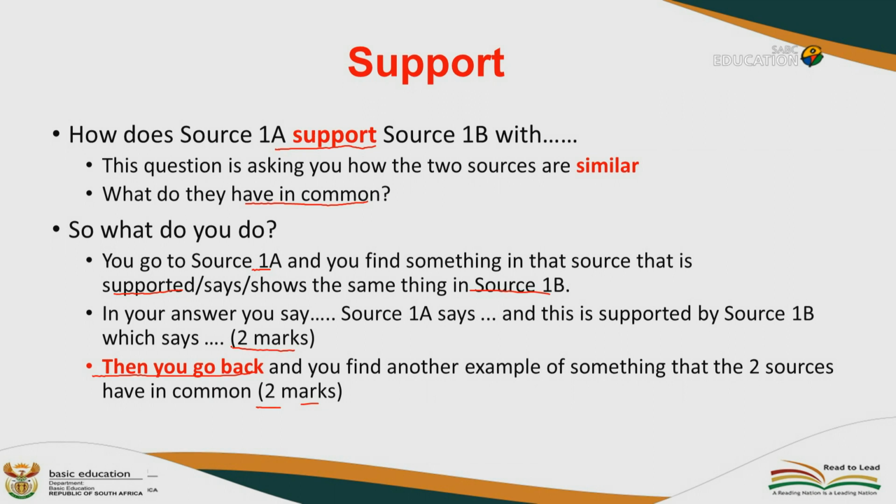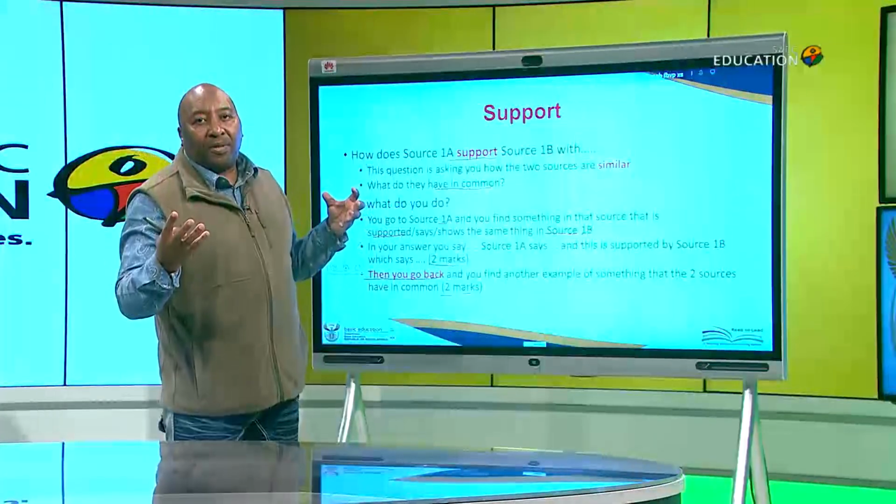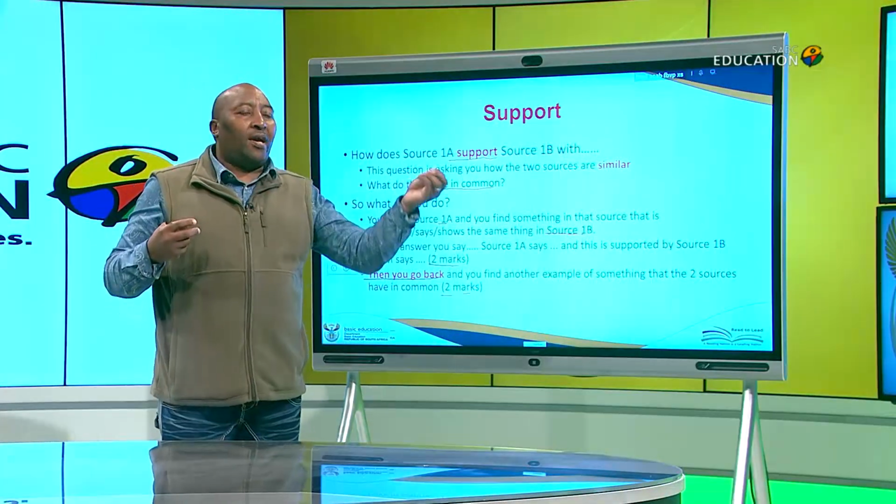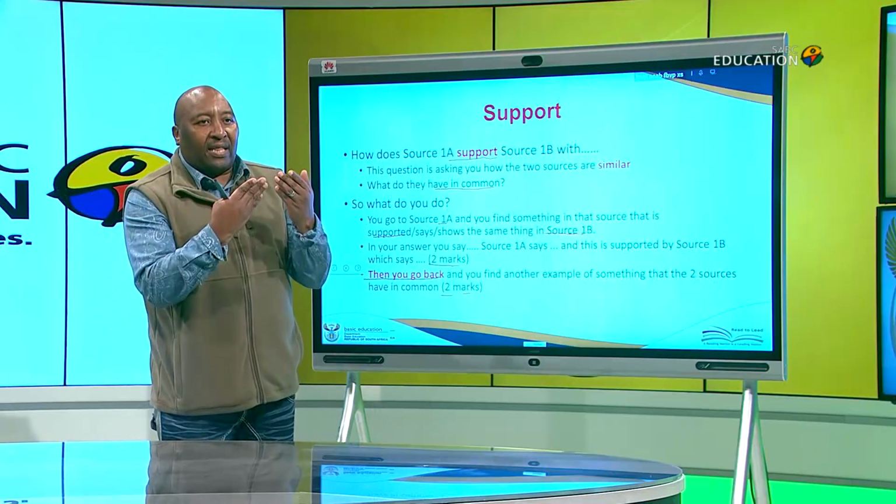You first answer for the first 2 marks, and you give the answer for another 2 marks for you to obtain 4 marks. So what does this simply mean? When you look for comparison, it means you are comparing apples with apples. You don't look for an apple and an orange and link them together.